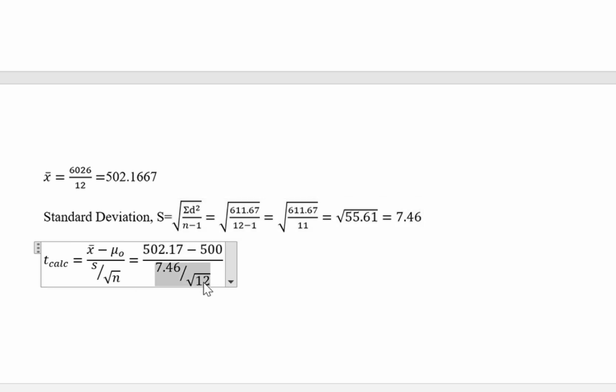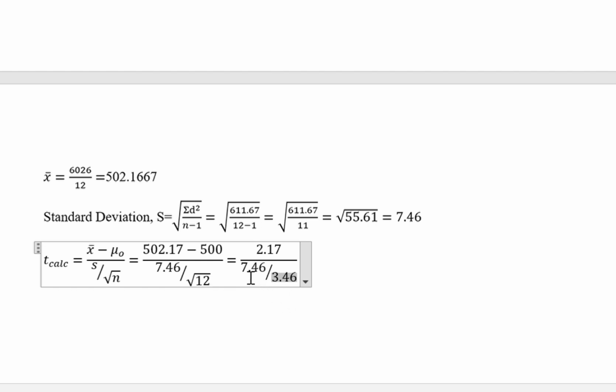The sample is 12. Now from our calculator, we can get the square root of 12, which is 3.46. When you subtract the means, you get 2.17 over 7.46 over the square root of 12.